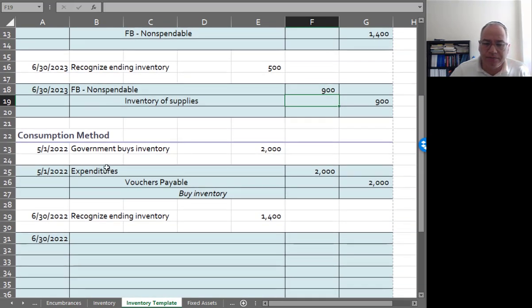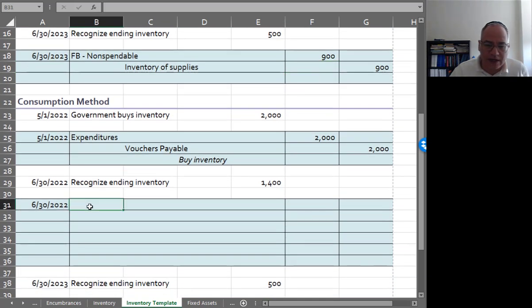The consumption method, let's say they bought $2,000. It's going to be the same debit expenditures, credit vouchers payable for $2,000. And then they're going to recognize at June 30th ending inventory like so. They'll debit ending inventory for $1,400.